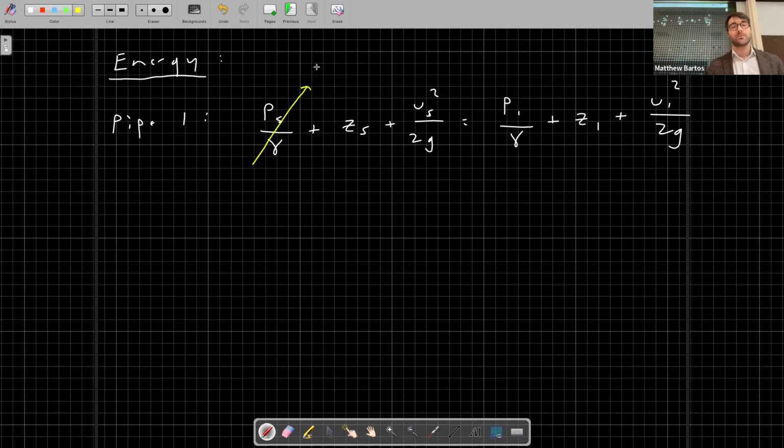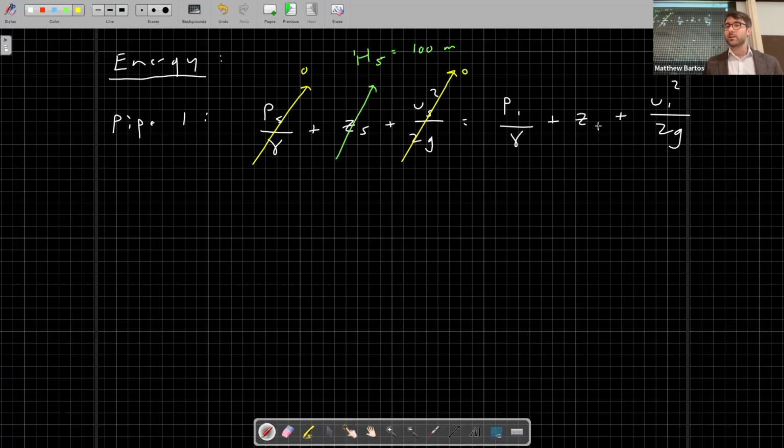The pressure at the surface of the reservoir is 0. The velocity at the surface of the reservoir is 0. And our elevation is equal to our given value, H5 is equal to 100 meters. Let me give myself a little more space here. All right. So we have the pressure head at node 1, the elevation head at node 1, and the velocity head at node 1.